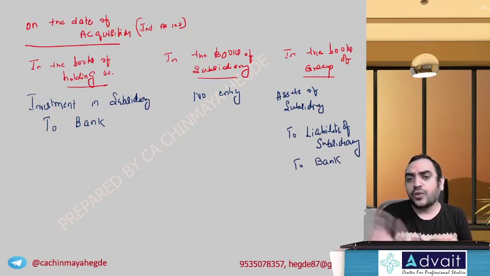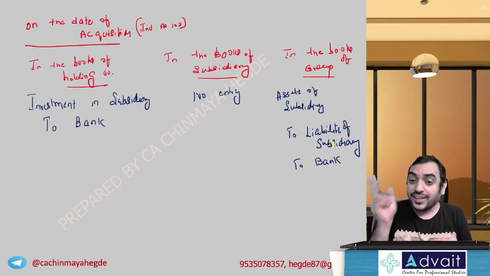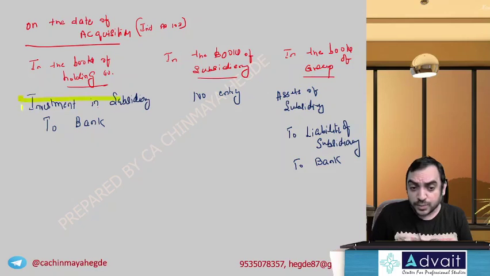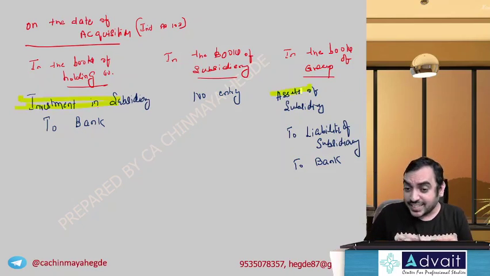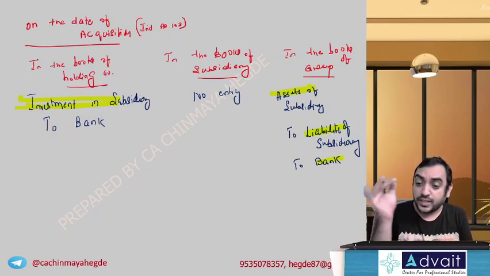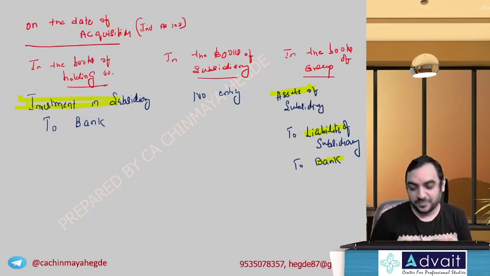Instead of writing to bank, you can say investment, but the pure entry is to bank. Please observe what a holding company will do: investment account debit to bank. But what will the group do? They don't recognize investments. They write assets account to liabilities to bank.